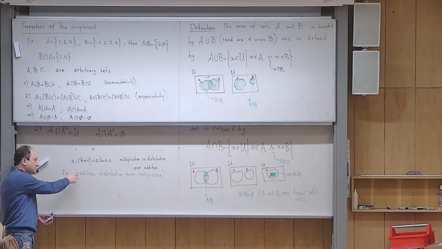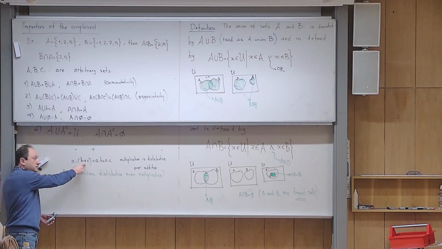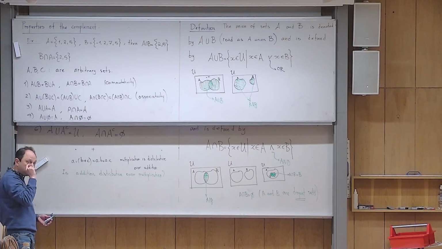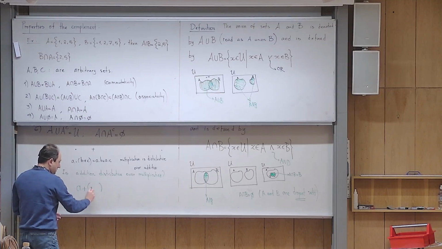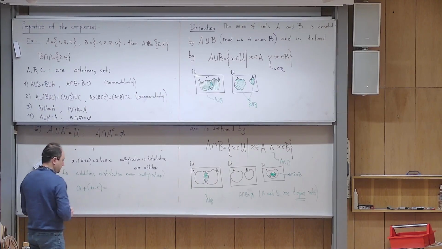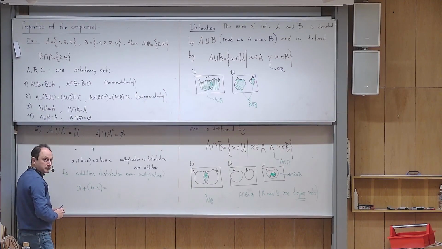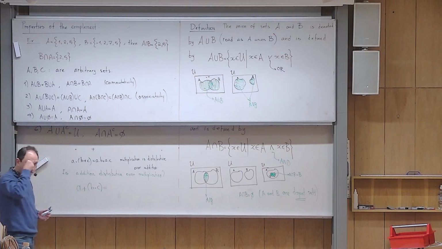Okay, but can you translate this sentence into something similar, a formula like this? A plus, in parentheses, B times C is equal to what? Okay, but just tell me the wrong sentence.